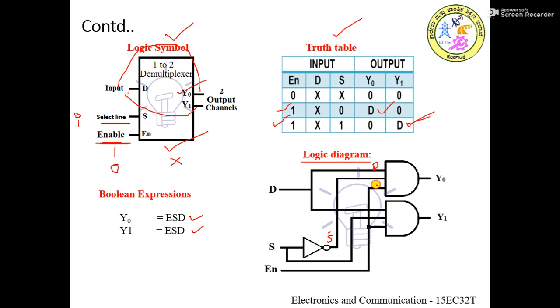So this is E, S bar, D, that is y0. Similarly for y1, D will appear here, and this is S, and this is enable. So that is E S D. So this is about the 1:2 demultiplexer.